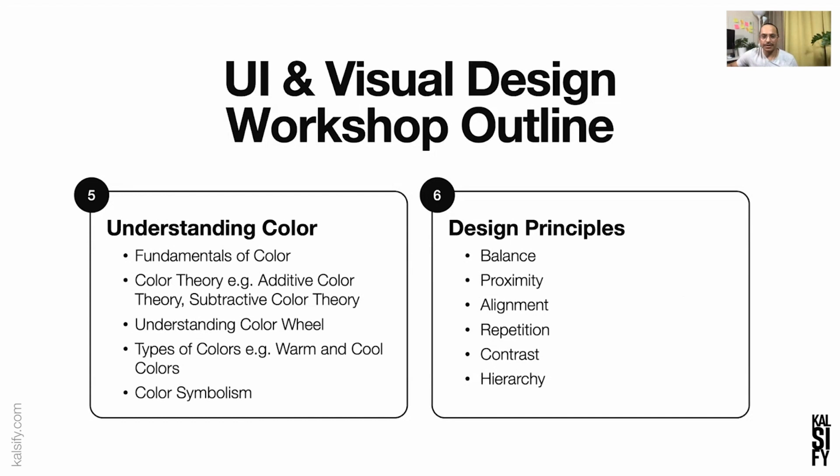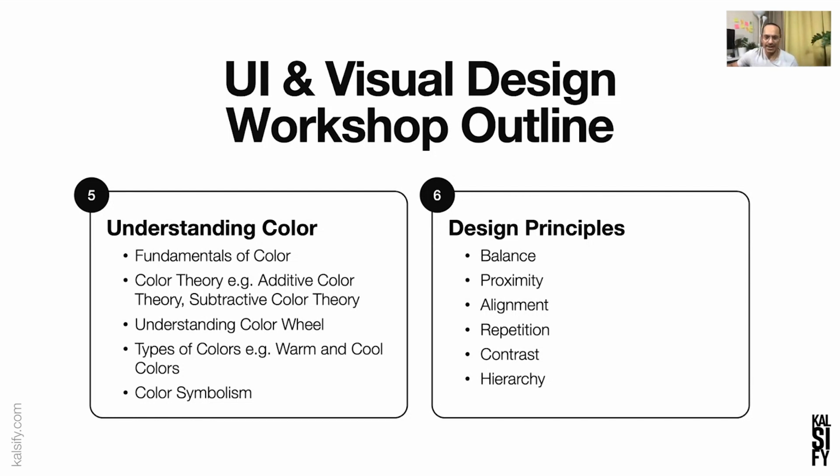Similarly, color is very important because a lot of students face problems figuring out what should be the color, what should be the combination of colors, what should be primary, secondary, and how to use tertiary color. We'll try to understand that with the help of the color wheel. We'll also understand different types of colors, like warm colors, cool colors, and other categories.